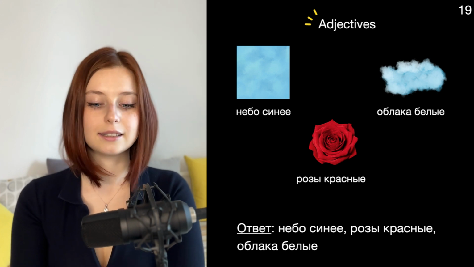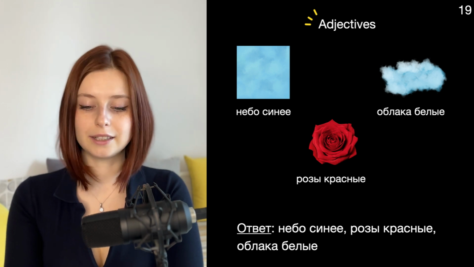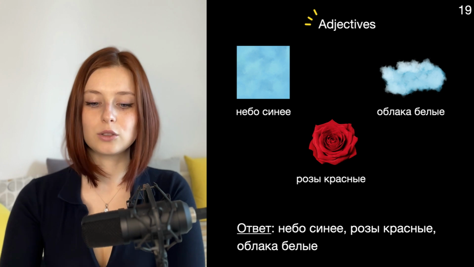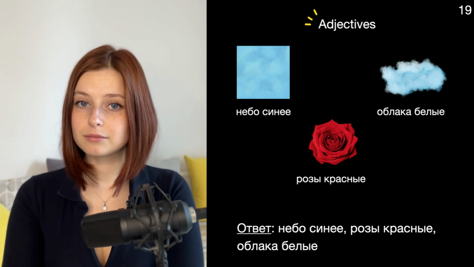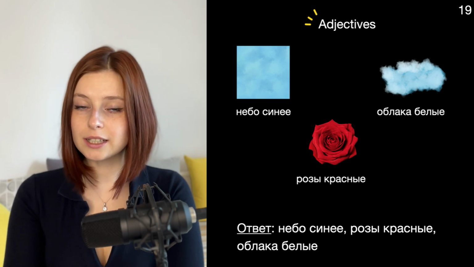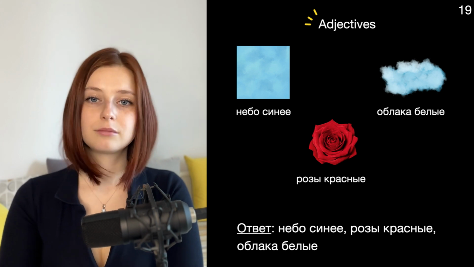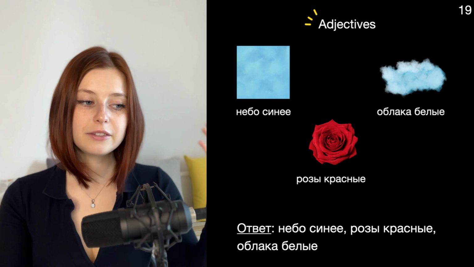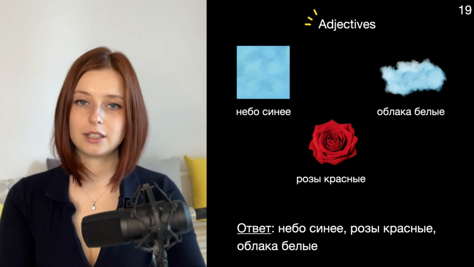Облака белые. The clouds are white. So, this is also plural. When it's plural, красивые, большие, белые, дорогие, дешевые, right? Красивые дома, красивые машины, красивые зеркала.